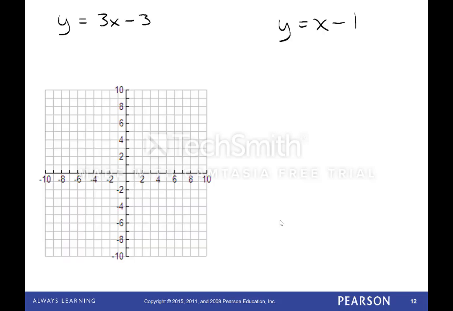Here's my little graph sheet of paper, and here are the two equations from the previous slide. So let's go for it. This first one has to give me a slope. That slope technically is 3 over 1. So I start off at negative 3 and go up 3. 1, 2, 3, and 1 over. 1, 2, 3, 1 over. 1, 2, 3, 1 over. 1, 2, 3, 1 over.